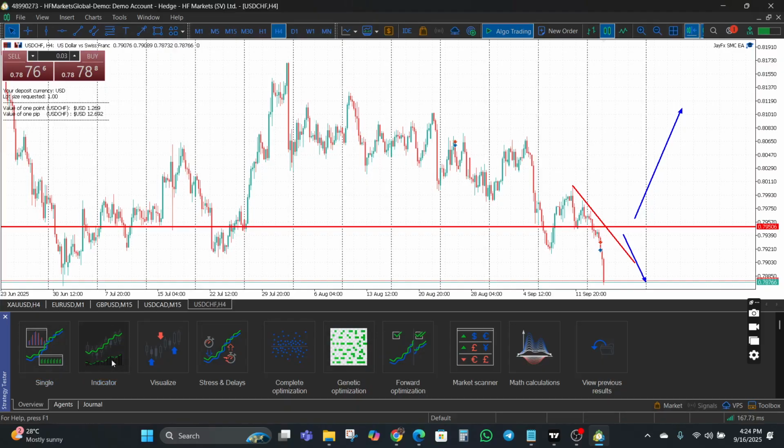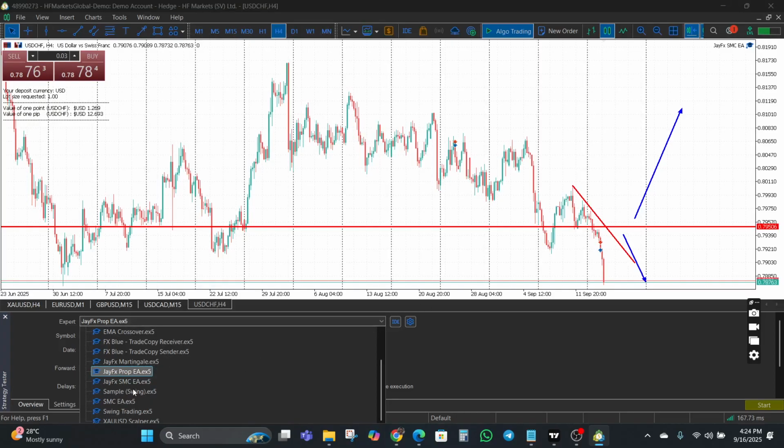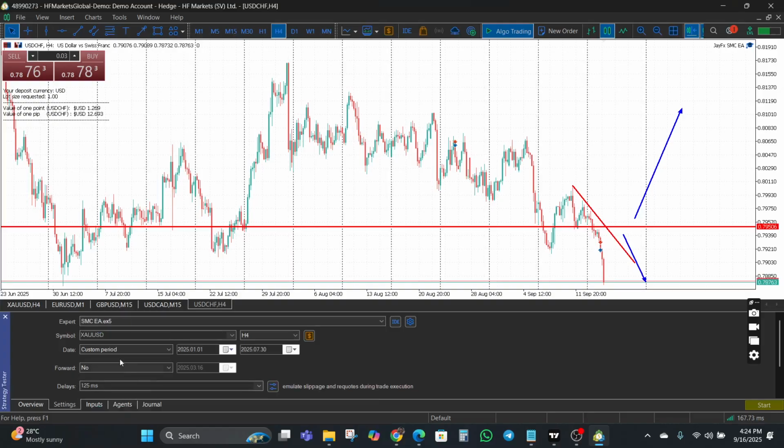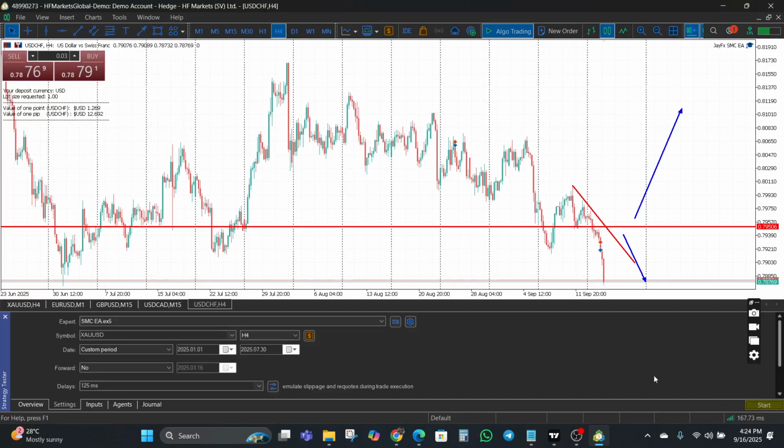For example, I want to test an EA, and select a symbol, select a time frame, and all of that, and then I start. All right. So you can test out to see the historical performance.